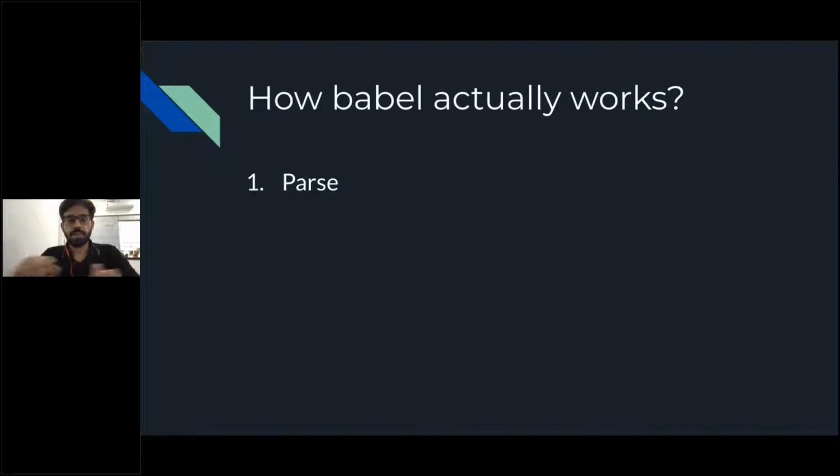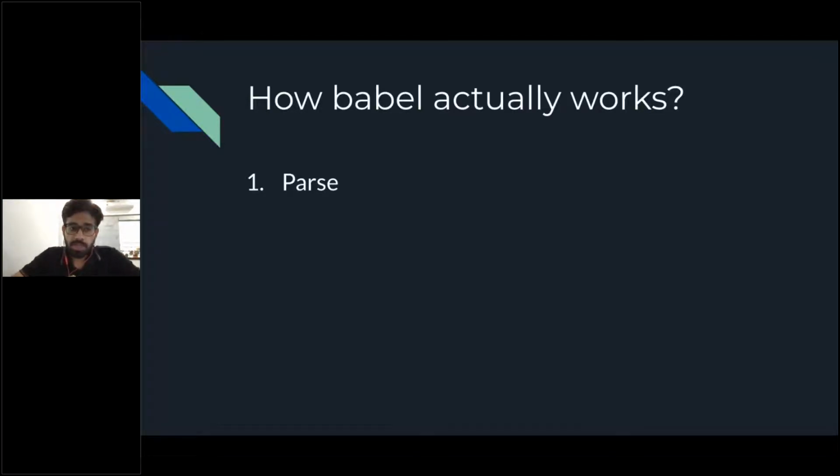The first step is parsing. Parsing is when the code which we write gets converted into an AST. Parsing has basically two steps involved: one is lexical analysis, and the second is syntactic analysis.